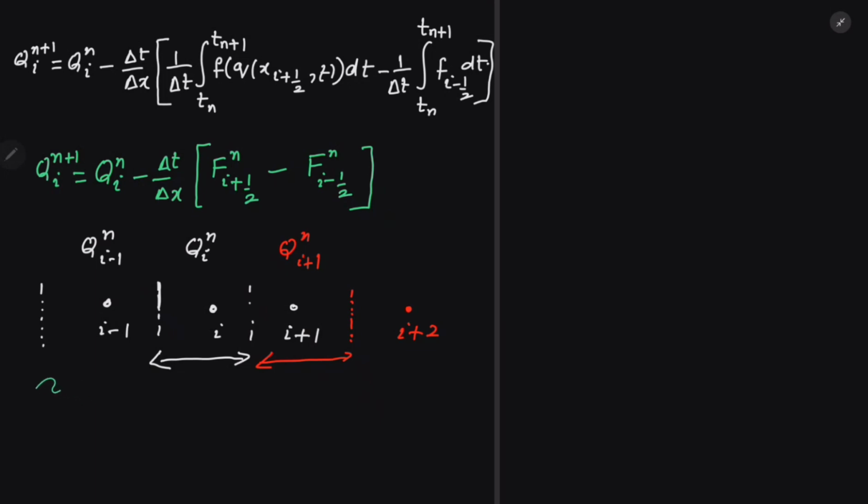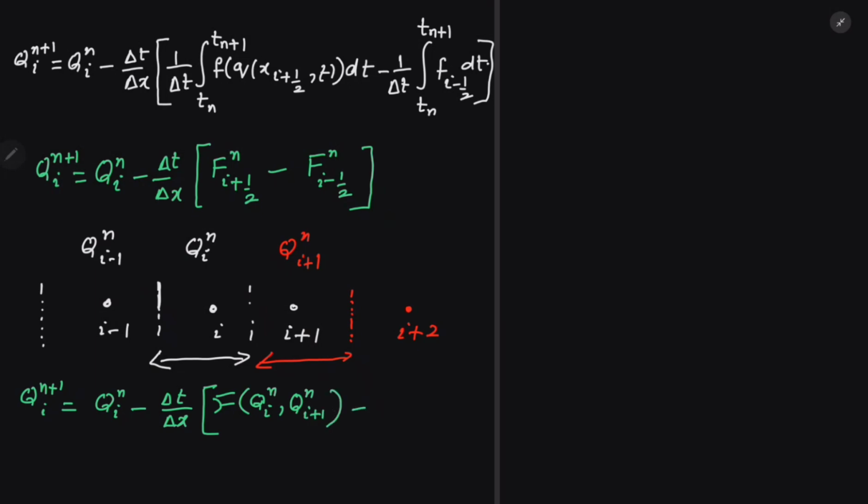Qn plus 1, Qi^(n+1) is equal to Qi^n minus delta T by delta X times (F^n at i plus 1/2 minus F^n at i minus 1/2). F^n at i plus 1/2 can be computed from the flux of Qi^n and Qi+1^n.